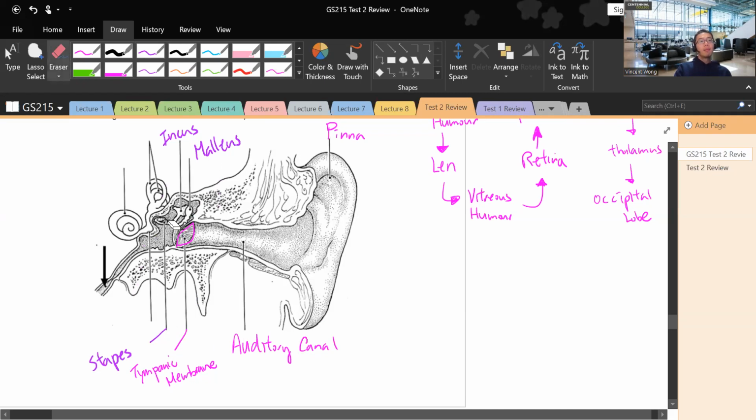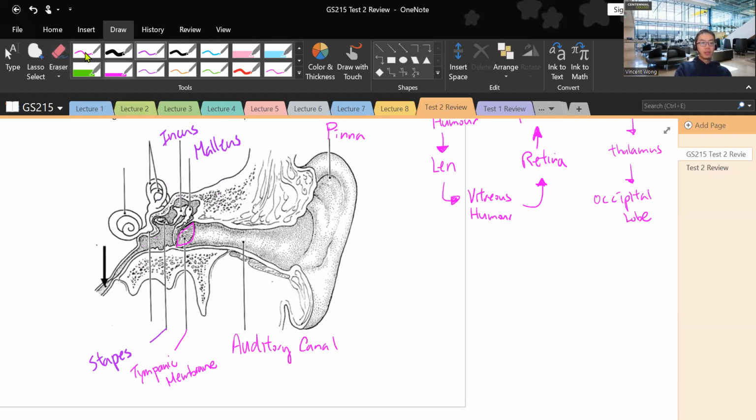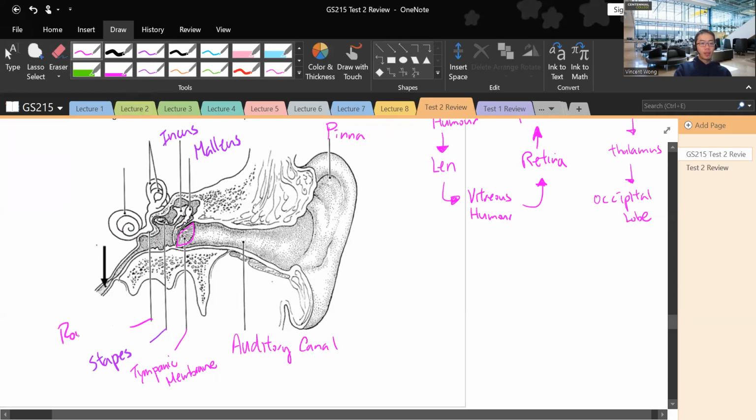Now, the stapes is pressing on the oval window, which you cannot really see here, but there is another label here that would be for the round window. And you might remember we talked about the relationship between the oval window and the round window. When you push into the oval window, it creates high pressure inside the cochlea, and the round window will bulge out to relieve that pressure.